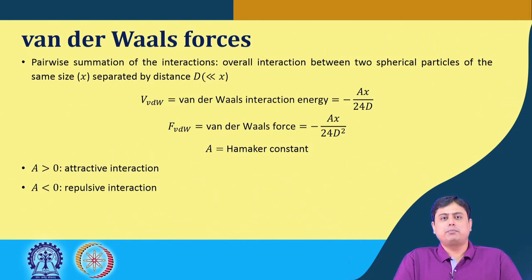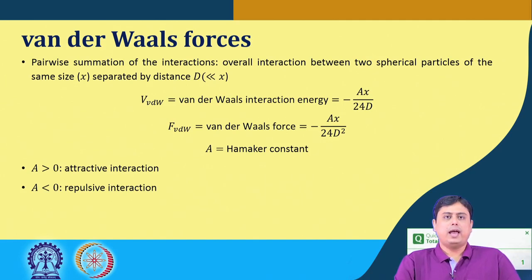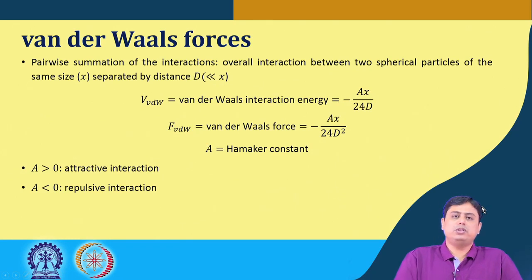basically provides us a simple expression for the overall interaction between two spherical particles of the same size, separated by a distance which is very small compared to their size.